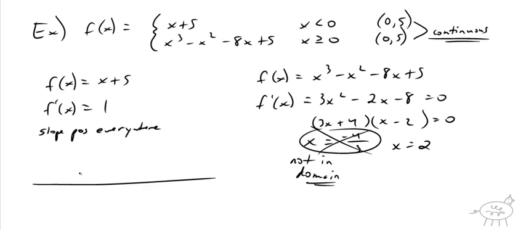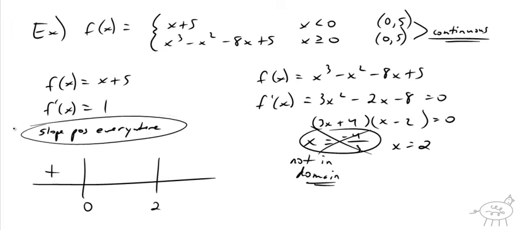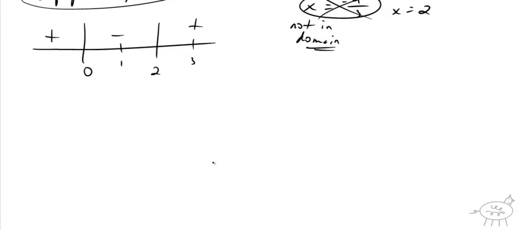So if I do my interval testing, I'm really just checking 0 and 2. If I test these values, first of all, this is positive here, because the slope is positive everywhere when x is less than 0. Then I check this one: I put a 1 here and get a negative, and I put a 3 here and it will be positive. Let's graph this real quickly.